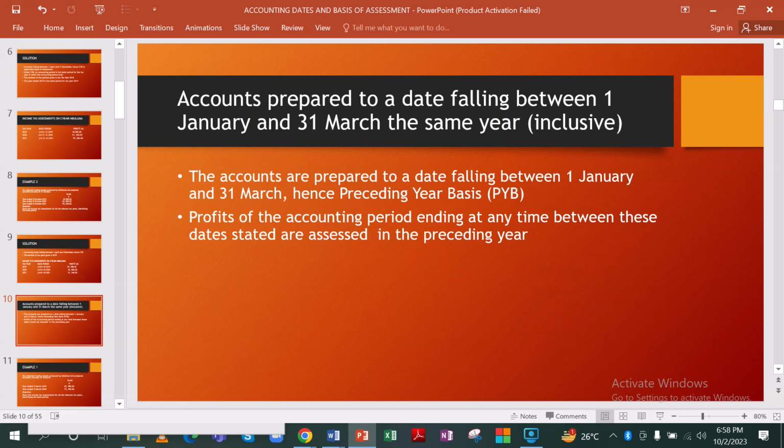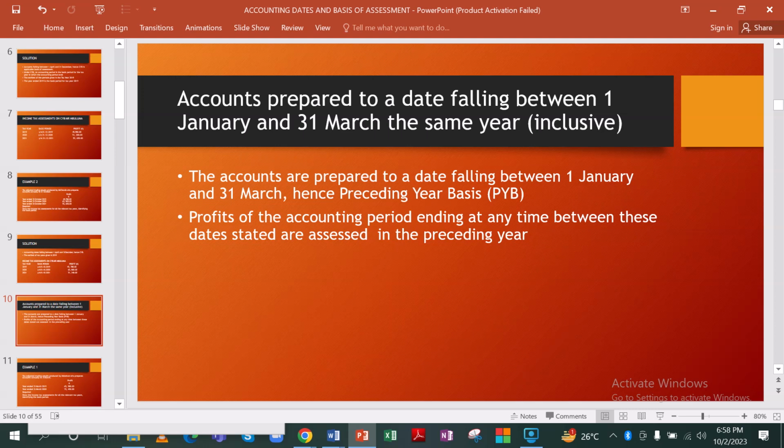Now, we are coming from a situation where accounts are prepared to a date falling between 1st April and 31st December. We now look at, suppose accounts are prepared to a date falling between 1st January and 31st March, same year, inclusive.